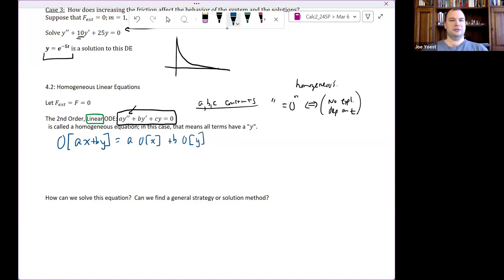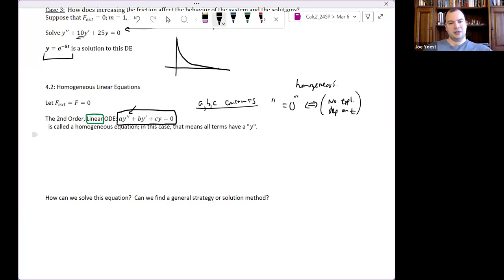Right, the derivative of af plus bg is af prime plus bg prime. Same with the integral. These are linear operators. So that's the context that I'm thinking of here.